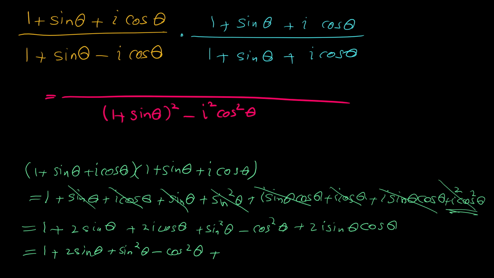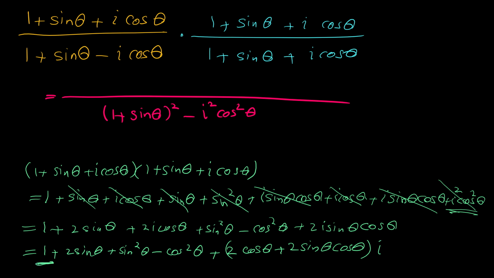So if we factor out an I from these two terms, we can write this in the form of 2 cosine theta plus 2 sine theta cosine theta times I.